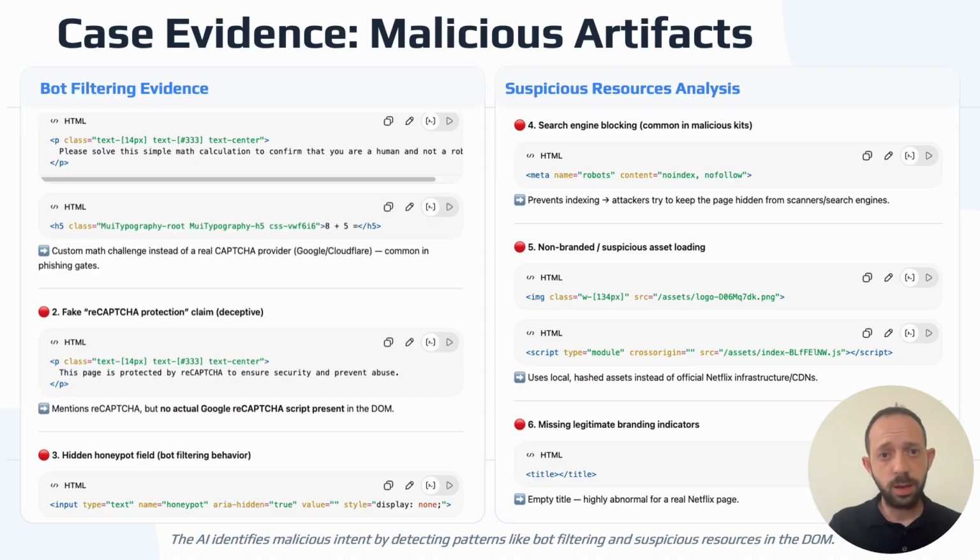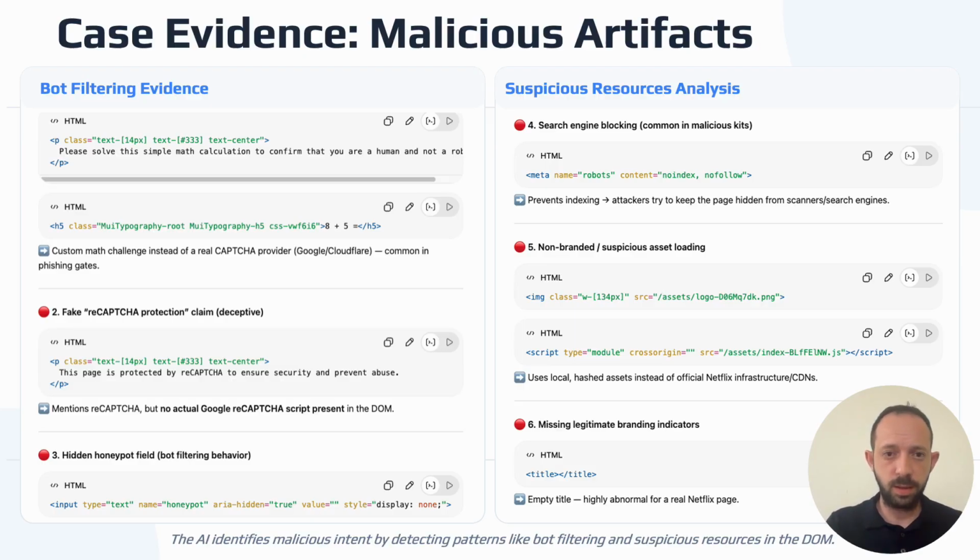Now, let's break down again all the malicious artifacts. First of all, on the left side, we have some bot filtering evidence, some custom mask challenge, basically a captcha that the phishing infrastructure implemented in order to avoid automatic analysis, automatic scans such as URL scan or any other scanners that we have.